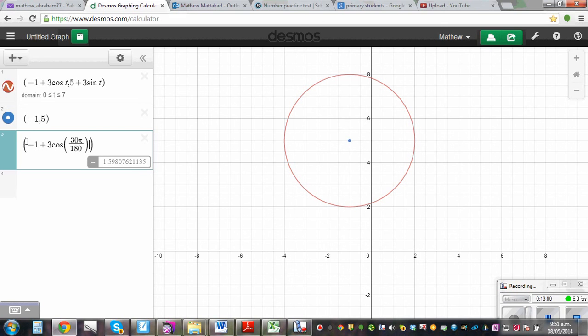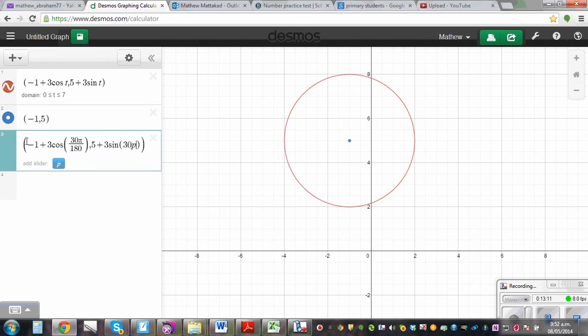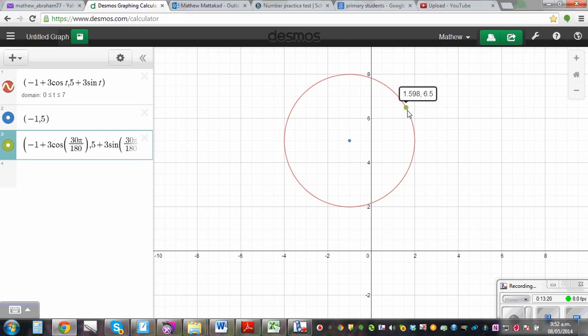Okay, and put a comma there. 5 plus 3 sine, again start with a bracket, 30 pi slash 180, and this is this exact point. This is the center, -1, 5. Or in other words, when a particle has moved 30 degrees, the x coordinate would be -1.598, and the y coordinate is going to be 6.5. Okay, so you can play with this and understand.